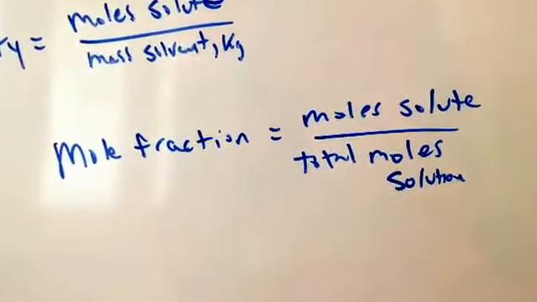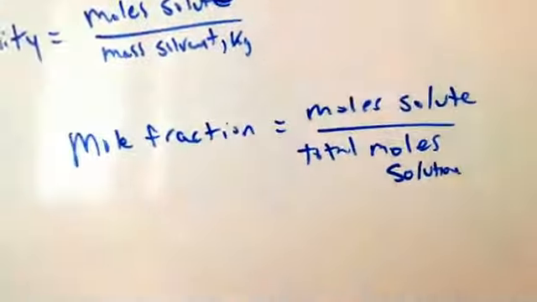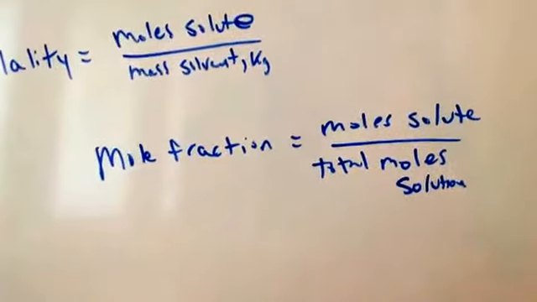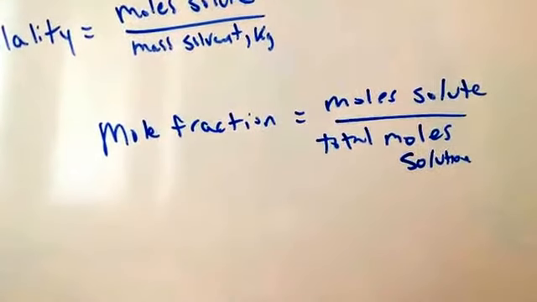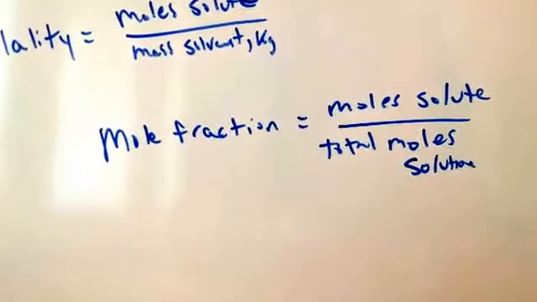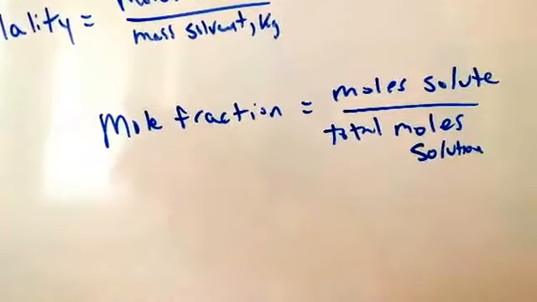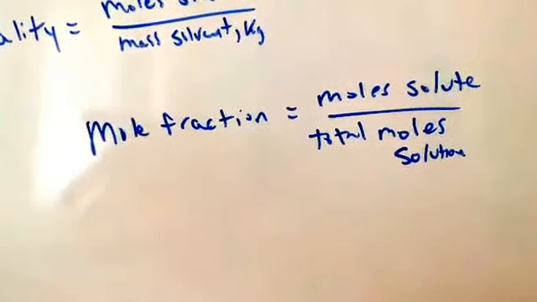Take that to heart. A mole fraction is a ratio of moles of solute. If it was 0, that means we have 0 of that solute, and it's kind of meaningless. And if the mole fraction equals 1, we have a pure substance. We don't have a solution. We don't have a mixture.